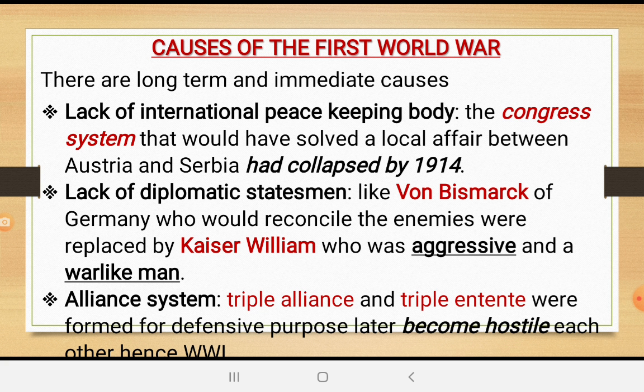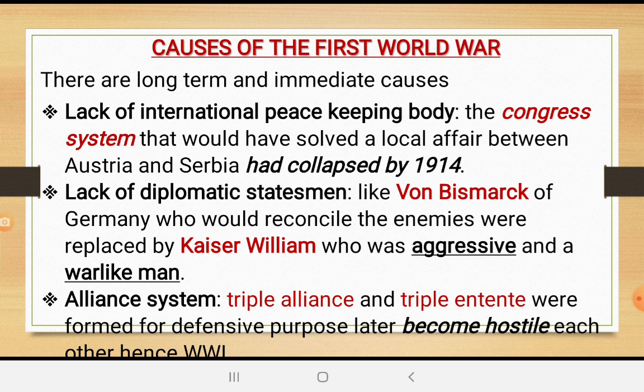This word is underlined: a warlike man, a man who liked war, who didn't like peace, who was aggressive. And aggressiveness is always the cause of conflict and fighting. So that's why the lack of diplomatic statesmen led to the First World War.